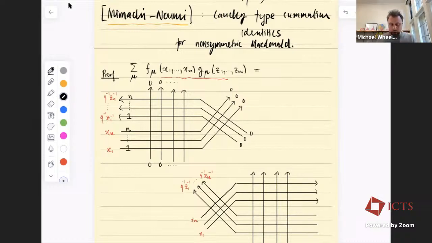So that's the setup, and the claim is that this partition function, even though it has this extra piece, this adjoined cross, still faithfully reproduces this sum, and the argument is exactly the same.